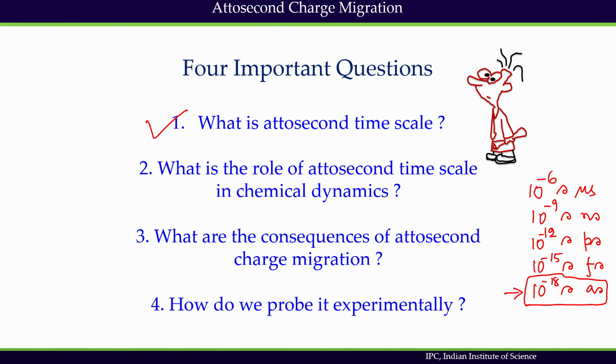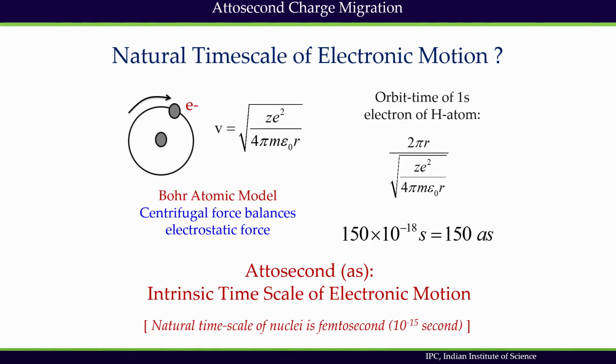So, what happens in this attosecond time scale? It is very easy to understand what happens in attosecond time scale if we try to understand the natural time scale of the 1s electron from the Bohr atomic model.